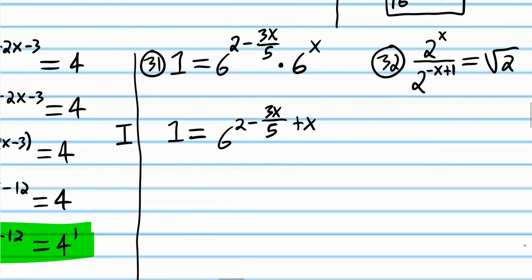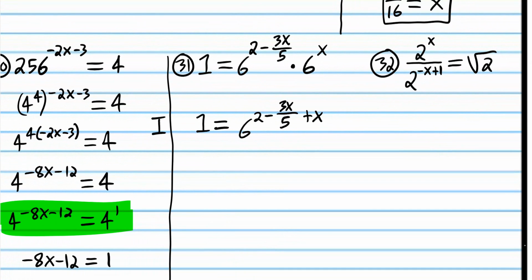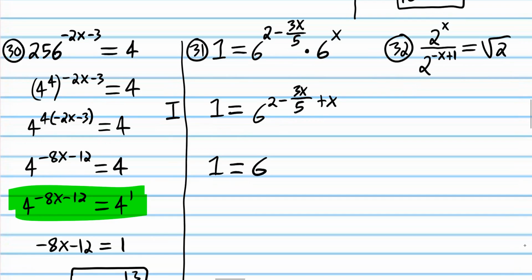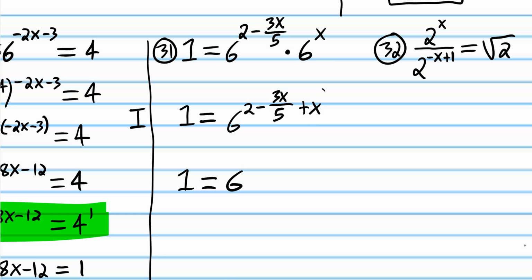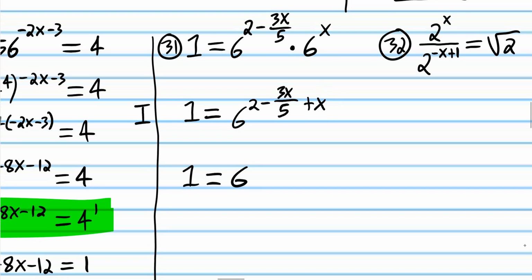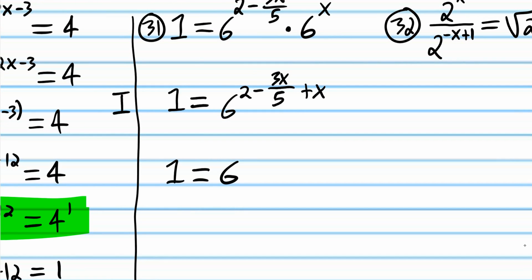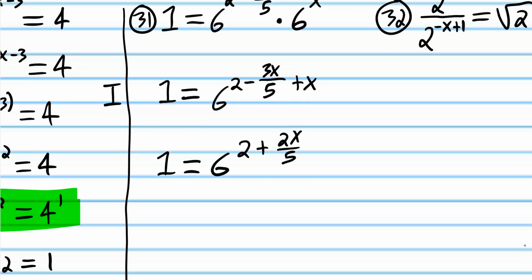Okay, then we're going to simplify. There's a lot of math going on here, but you can write x as 5x over 5. And then you get 2 plus 2x over 5.